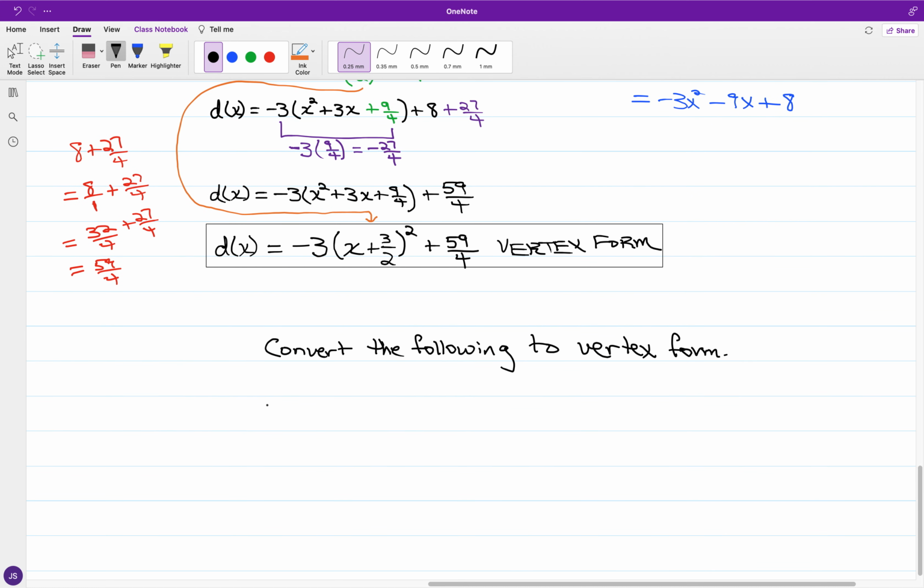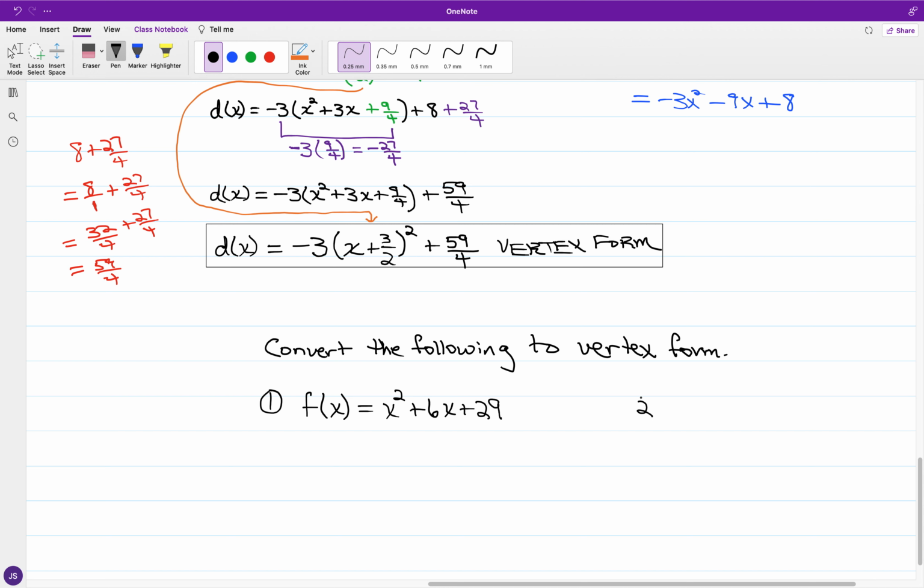Now say we have for the first function, f of x is equal to x squared plus 6x plus 29.